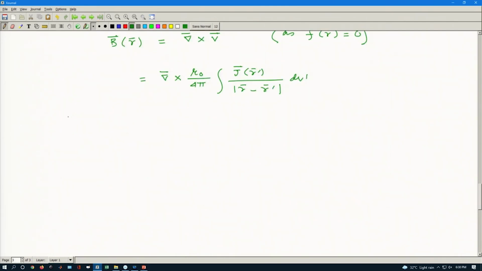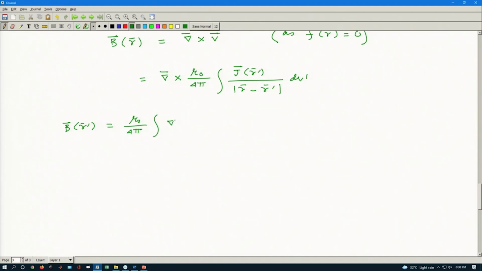So, let us proceed. My B at r is simply mu 0 divided by 4 pi. Let us put this curl inside this integral.